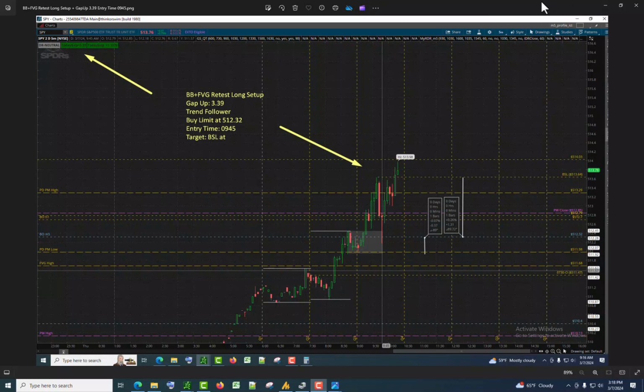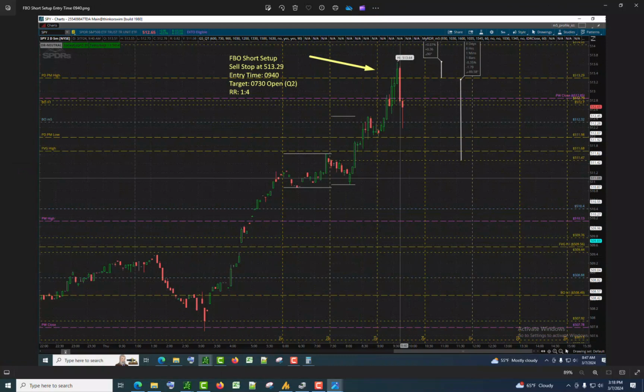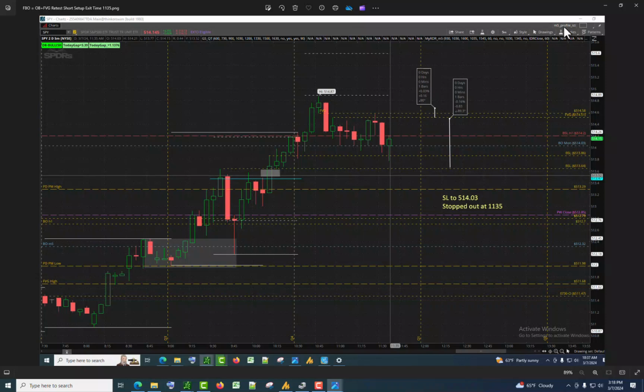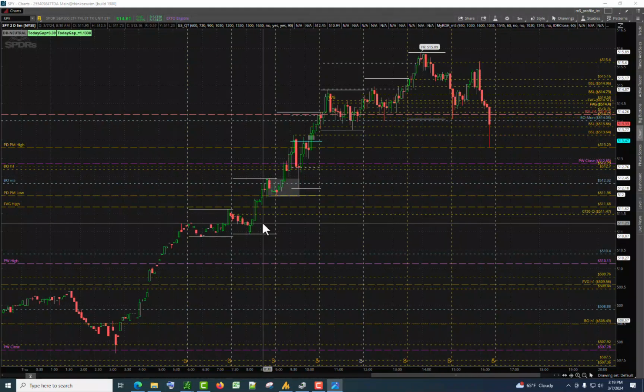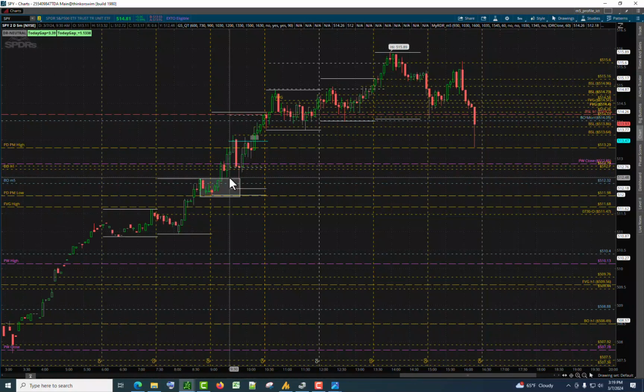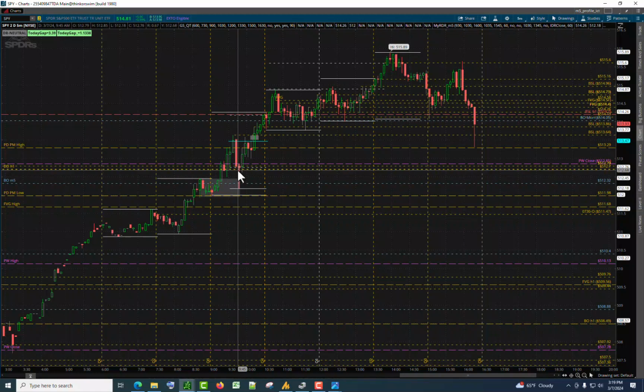Let's go back to the chart. So right here, we can build a buy stop right here. So we carry it right into the trade. Looks scary, right? But we buy stop right here. We carry it into the trade right away.